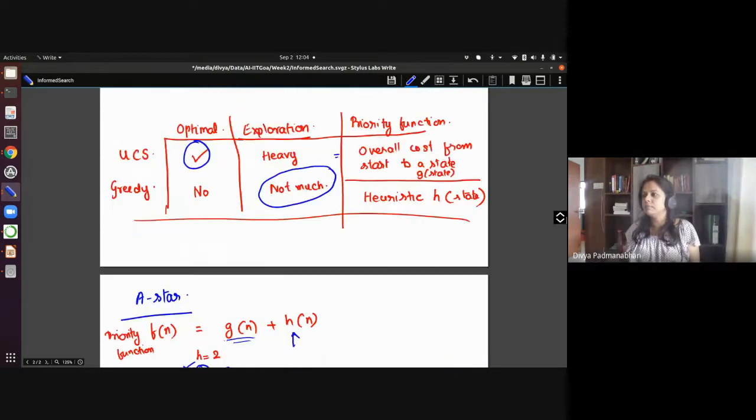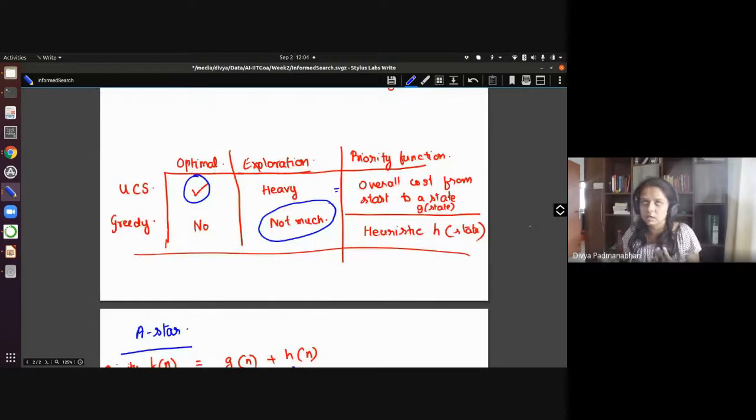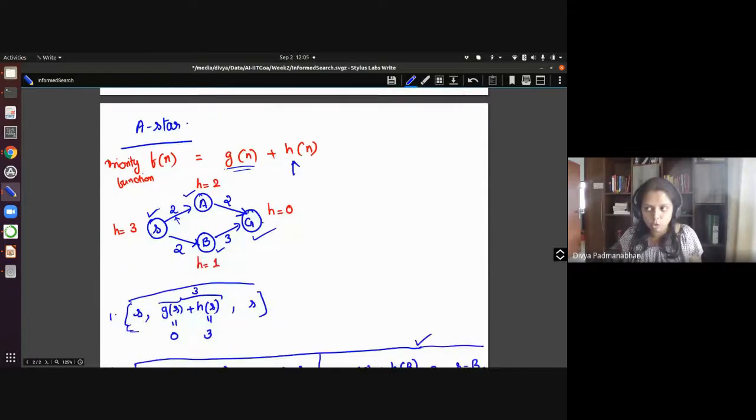It's just for our understanding temporarily, it's a clue that somebody gives you about how far you are from the goal state. So in this example, B's actual distance to the goal is 3, but the heuristic tells you the distance to the goal is just 1.